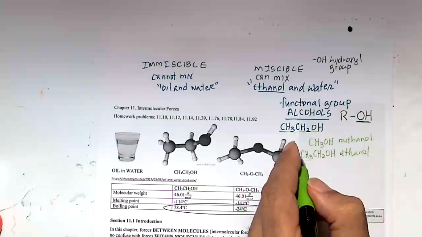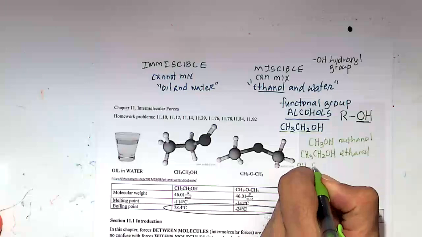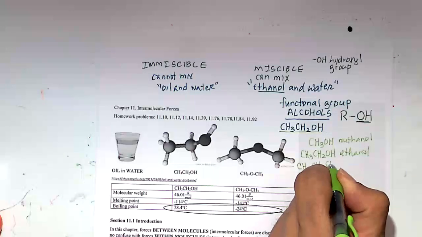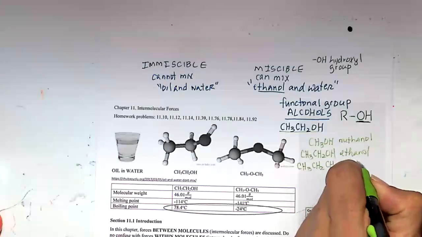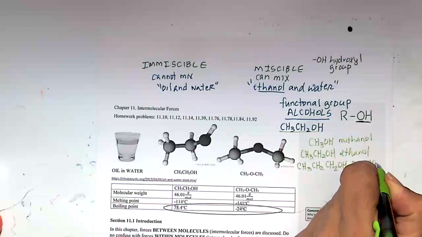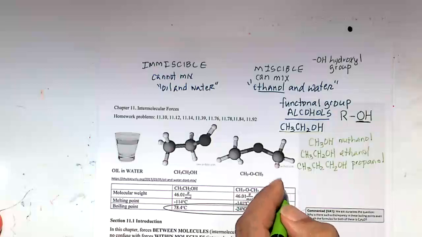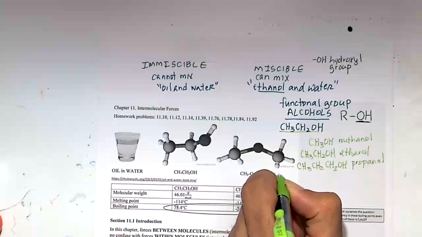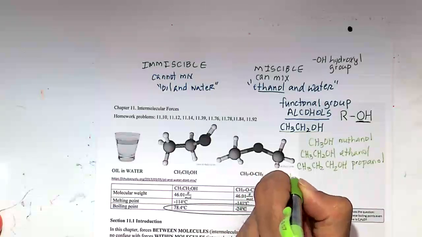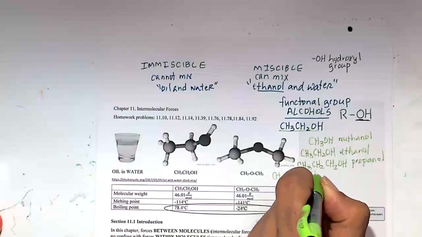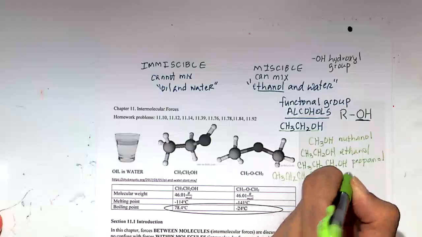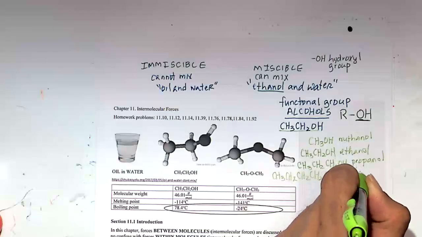Propanol. How about 4 carbons? Butanol. So we add another CH2 unit. 1, 2, 3, 4, butanol.